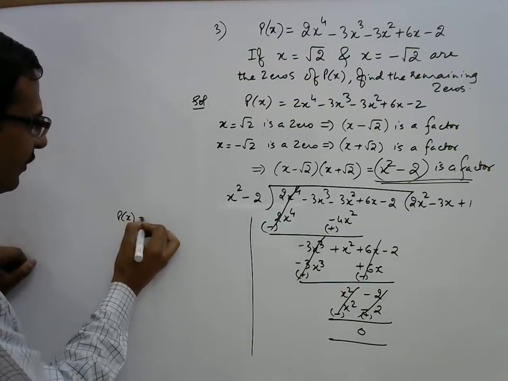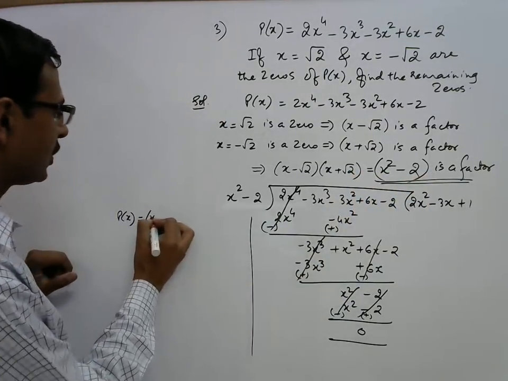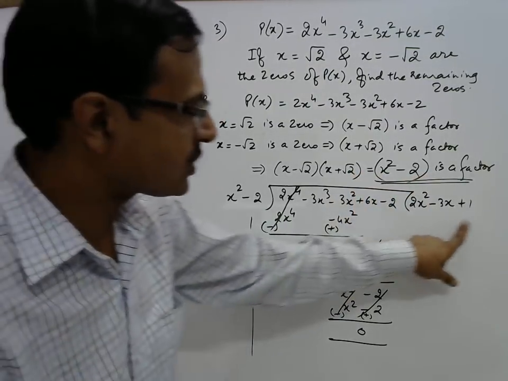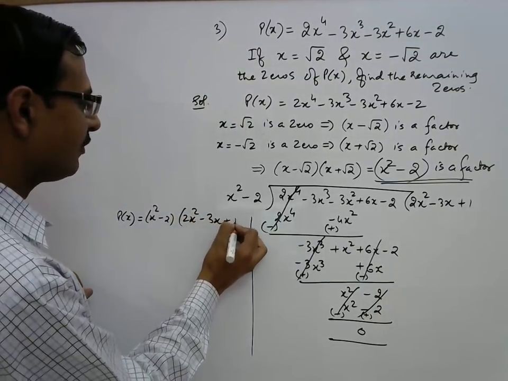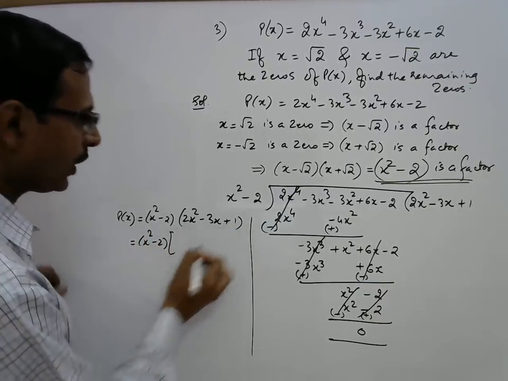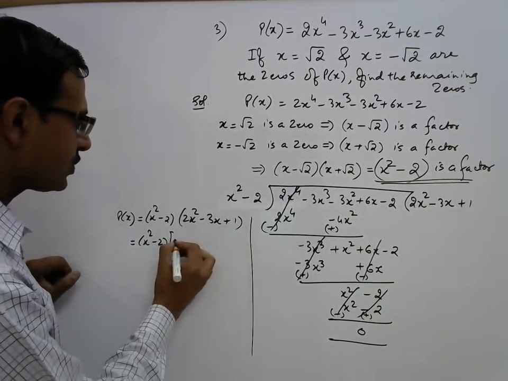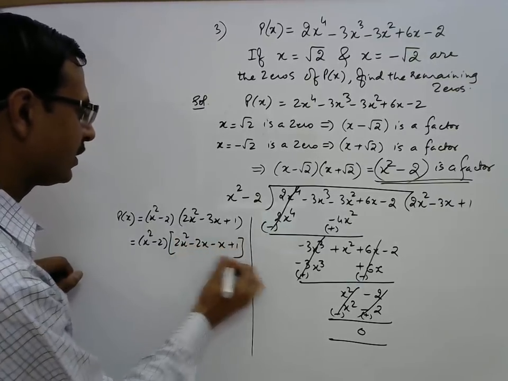Px, the two zeros were this, x square minus 2, and the remaining part, now this one, 2x square minus 3x plus 1. Now you can factorize the quadratic polynomial here, 2x square minus 2x minus x plus 1.